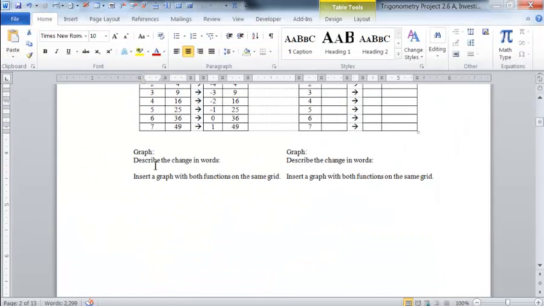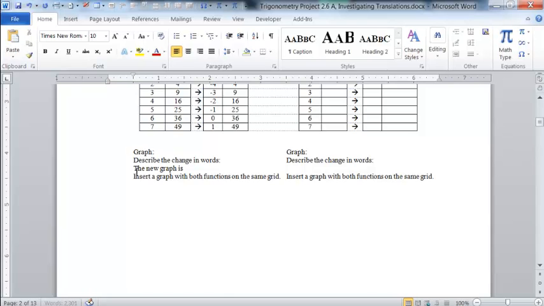So let's describe that in words. The new graph is the same as the old graph. Let me use a better word. The new one's called the image.